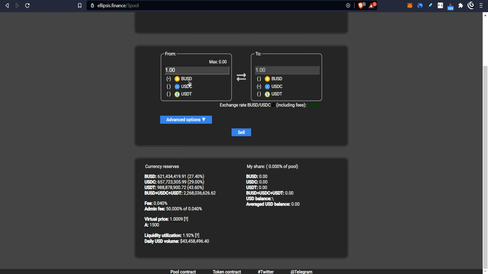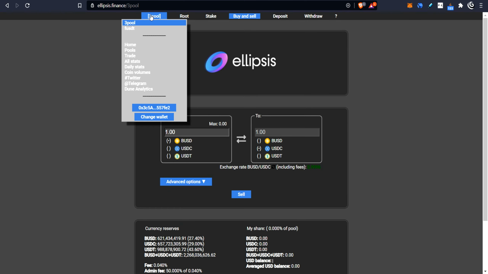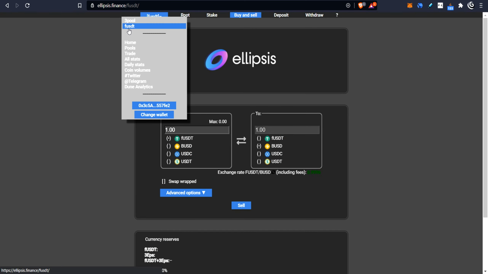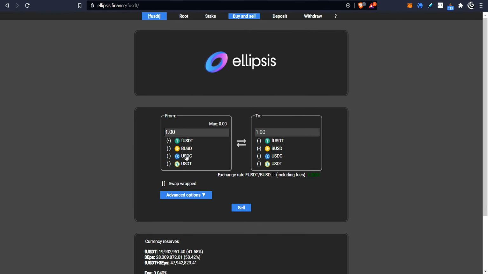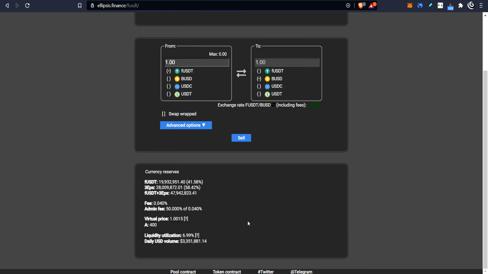So you are exposed to the risk of these three tokens if you supply to this pool, and if you supply to this pool with FUSDT, then you are giving yourself the risk of all four of these tokens. So that's something to consider when you are deciding whether or not you want to use this.